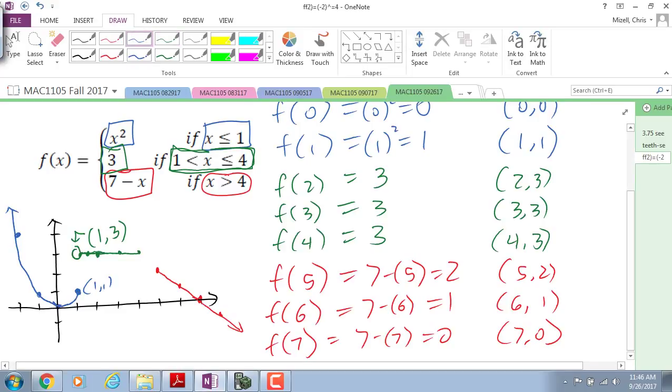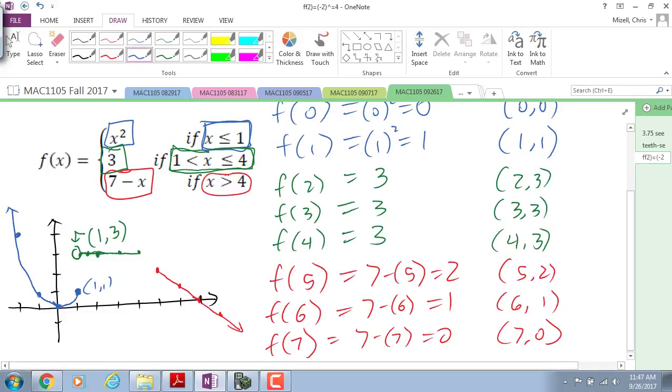And you would conclude, well, 1 is less than or equal to 1. And so f of 1 is 1 squared. It can't include 1, 3 because if we shaded that in, it would fail the vertical line test. We have to decide between these 2 points that have an x coordinate of 1, which one is going to be a solid dot, which one's going to be an open circle. And so it's got to be this one right down here, the point 1, 1.